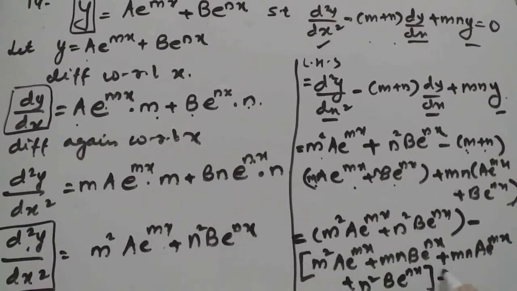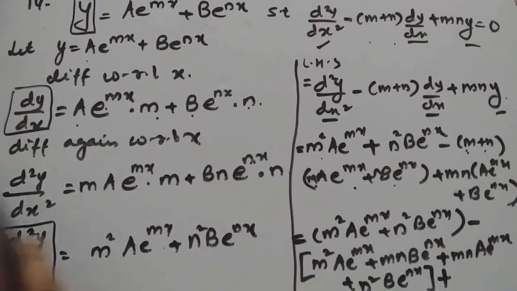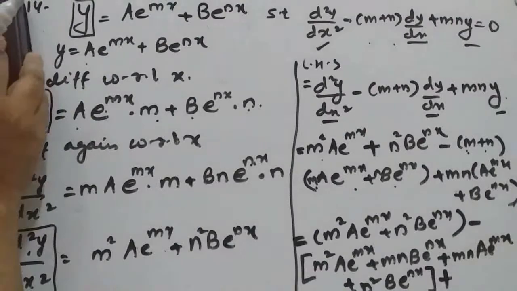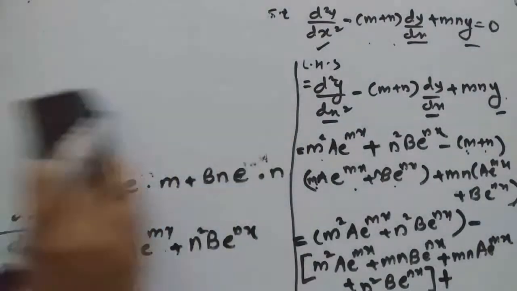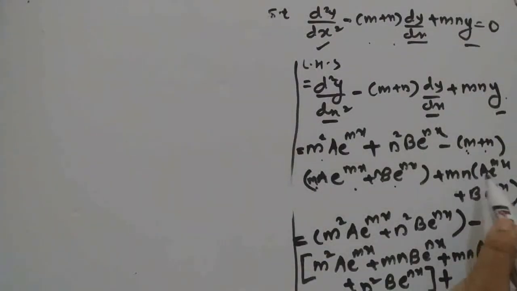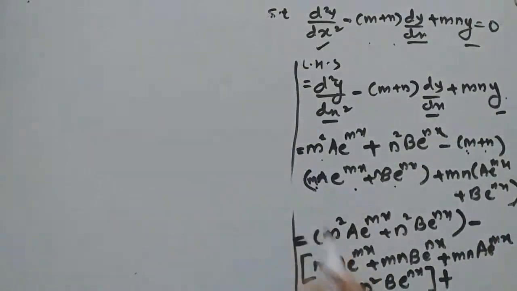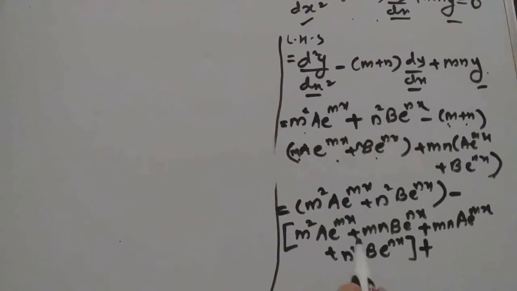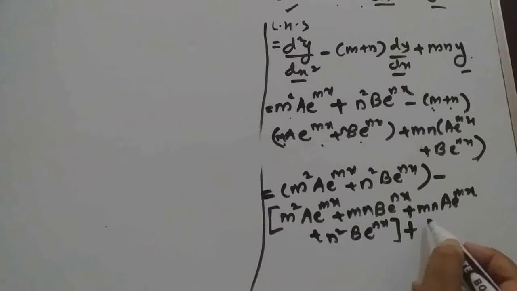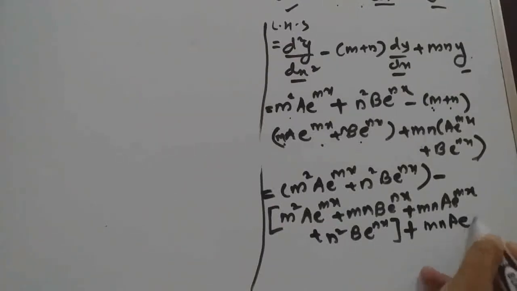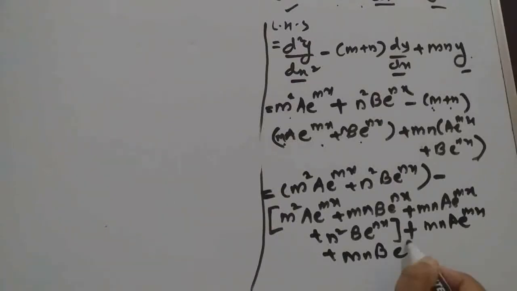Okay, plus mn, with mn we can open the bracket. So see, this will come mn A e^(mx) + mn B e^(nx).